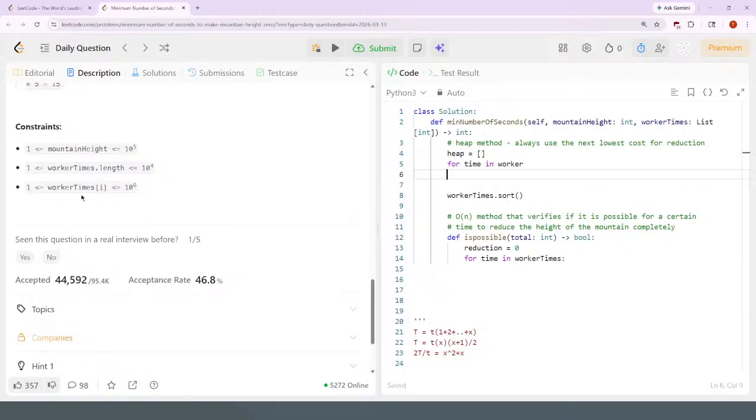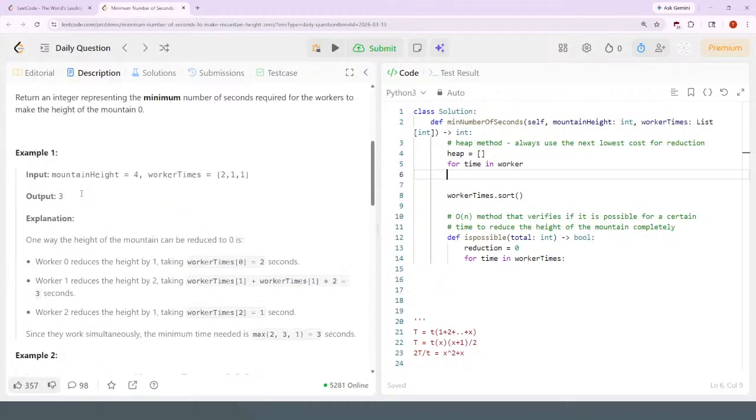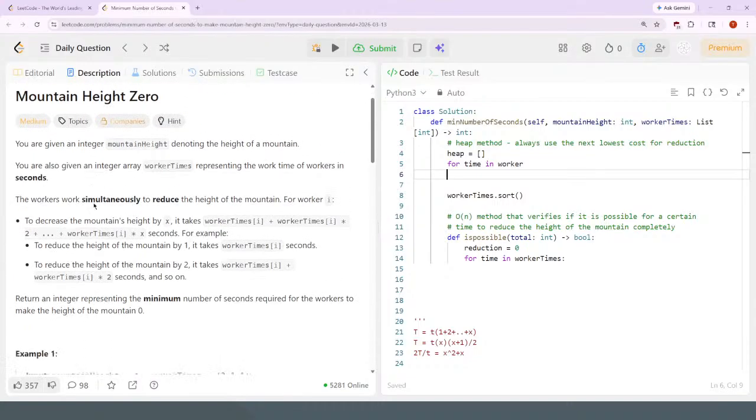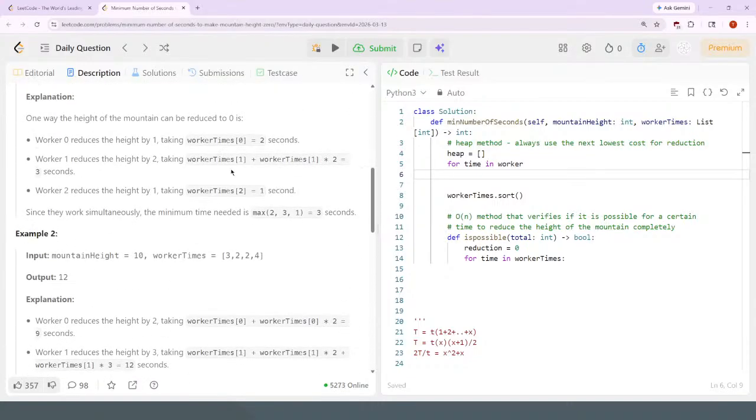Actually, worker times, I think I might just heapify it, right? Worker times is just the initial values for all the worker times, so this is the initial cost. But I don't know how many times I've used it, so I might need to have a tuple.